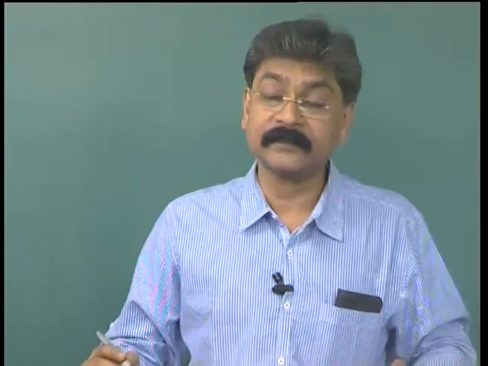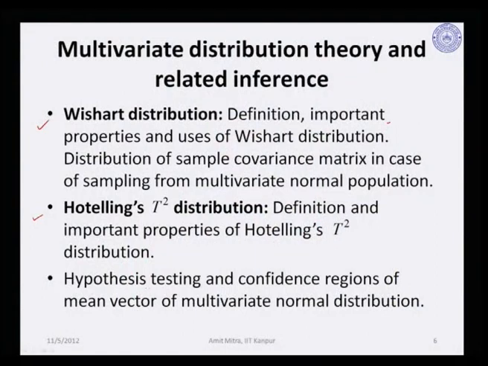A particular combination or function of a multivariate normal and a Wishart distribution, both of them required to be independent, is what frames a Hotelling's t-square distribution. And the obvious uses of the Hotelling's t-square distribution will be discussed. We will take up the problem of hypothesis testing concerning the mean vector of a multivariate normal distribution.